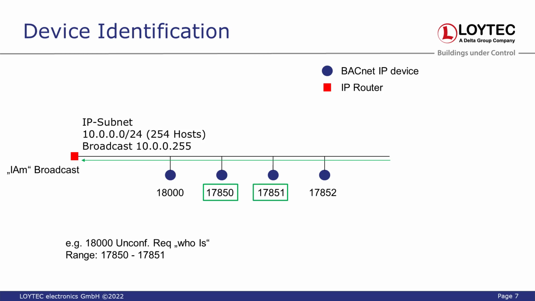If one of the BACnet devices in the same subnet is configured to a device instance number contained in that range, then the device will also answer in broadcast with the service choice "I-Am." For example, device instance number 17,850 and 17,851.